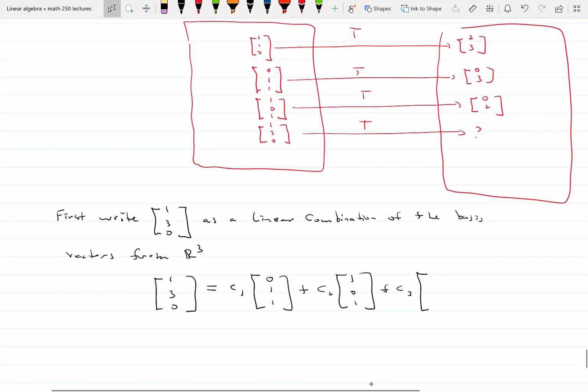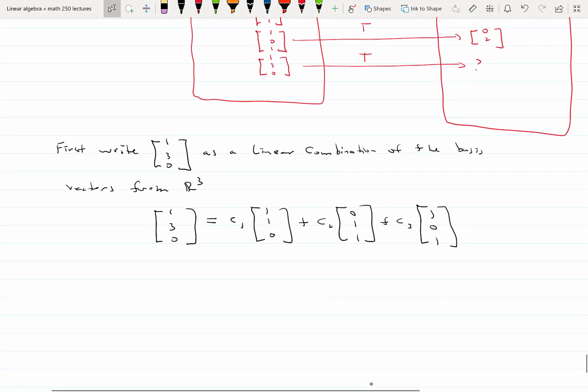Sorry, the order of the vectors is messed up here. The first basis vector was (1, 1, 0), then (0, 1, 1), and (1, 0, 1). How do I know I can do that?